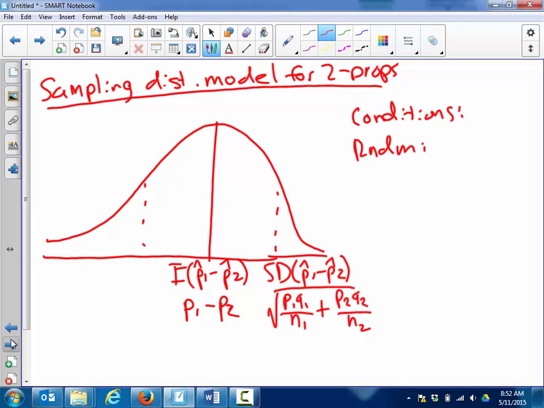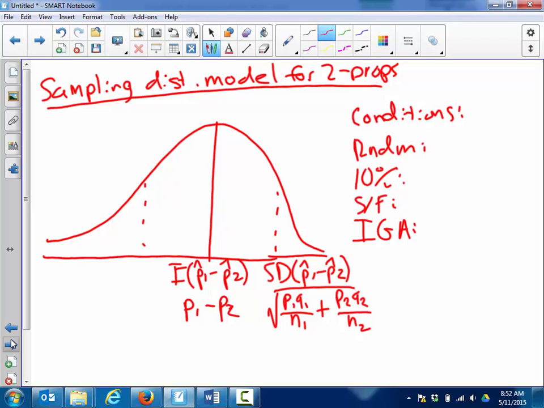You have randomization. You have 10%. You have success/failure for each population. You've got 2 here to check. And then finally, your independent groups assumption, that is whether or not you think one population is going to directly affect the second.